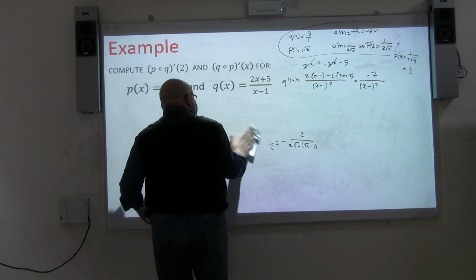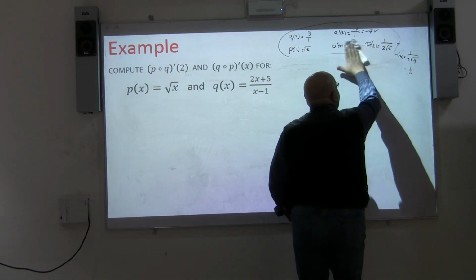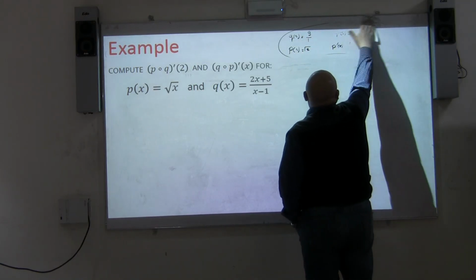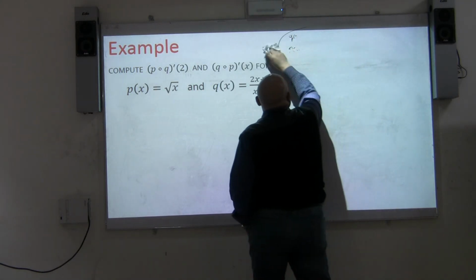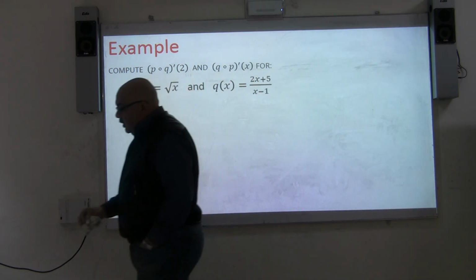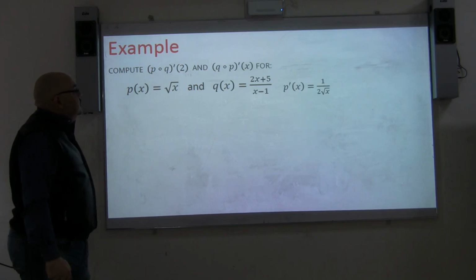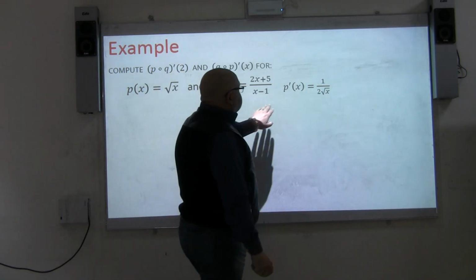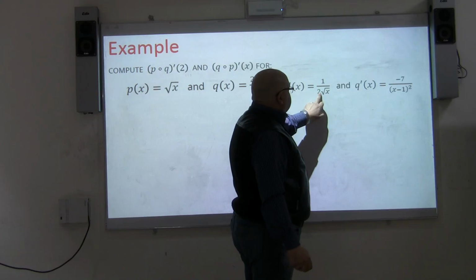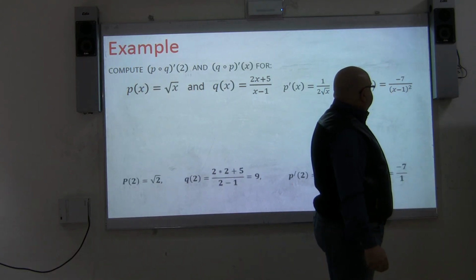This problem is really very important as it shows you how we do the derivative of composite functions in detail. So once more, this is b dash of x, 1 over 2 root of x. This is q dash, which is negative 7 over q minus 1 to the power of 2.